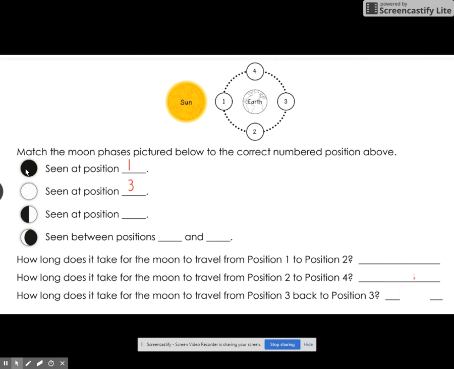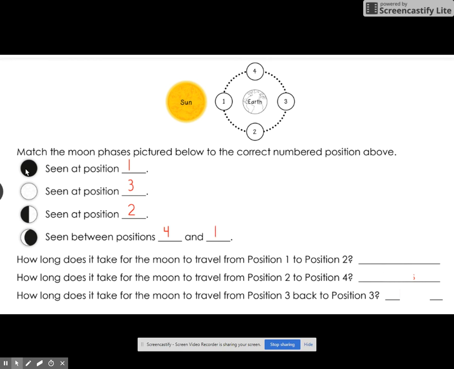That lets me know that this is a first quarter moon, so this will be seen at position 2. The last one is asking where this is between. I know that the light is on the left, which means the light is leaving and it makes it waning. So this position will be in between positions 4 and 1.